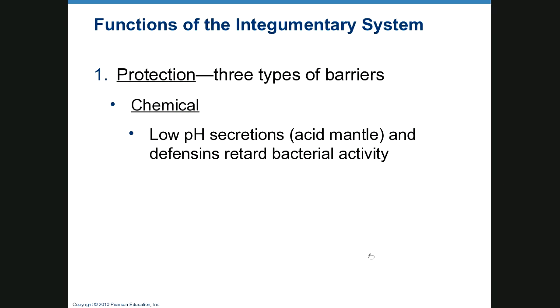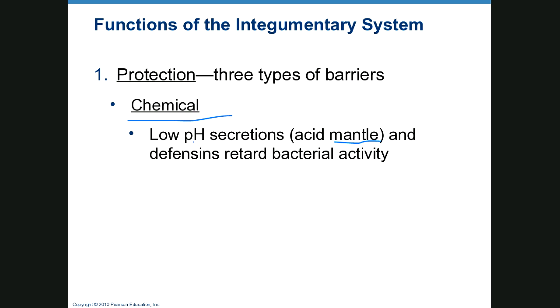Okay, functions of the integument. Protection of the things under the integument. First, we have a chemical thing, low pH. Now, a mantle is a cape worn in the 17th century. You wrap it around you to keep you protected. So they're thinking of the skin as a protective mantle or cape.